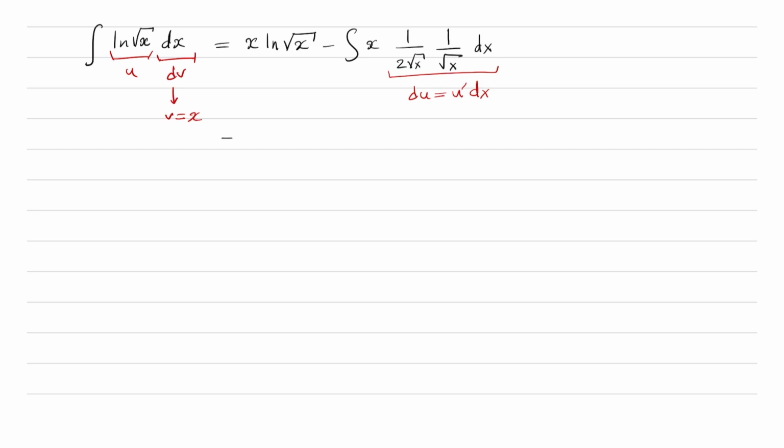So let's simplify that. We get x ln of square root of x minus the integral of, well, x cancels with those two square roots of x in the denominator, so we get half dx. Which is just x ln of square root of x. The integral of half is just x over 2 plus a general constant of integration.